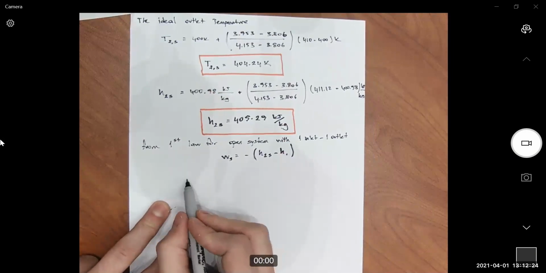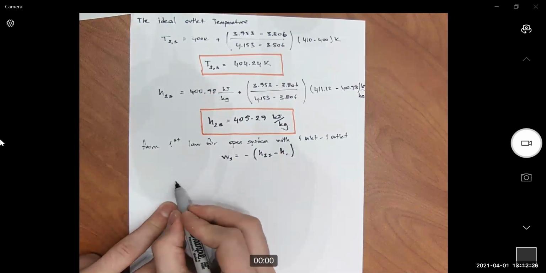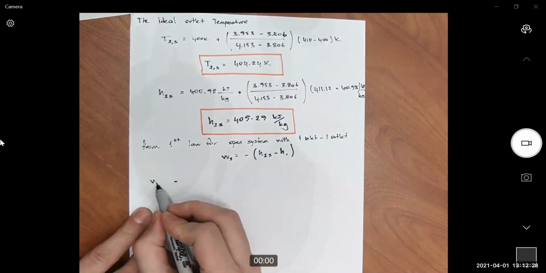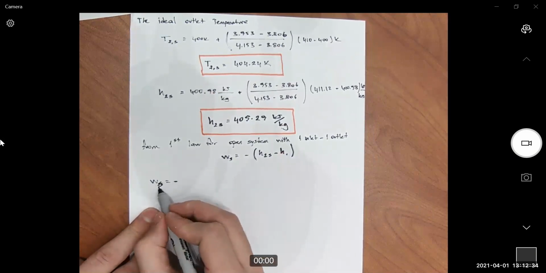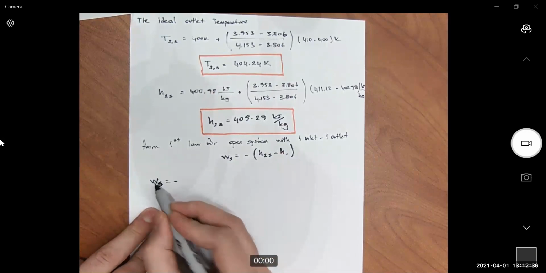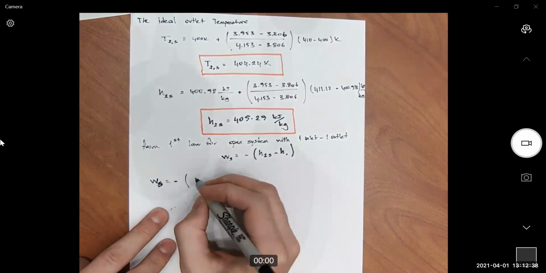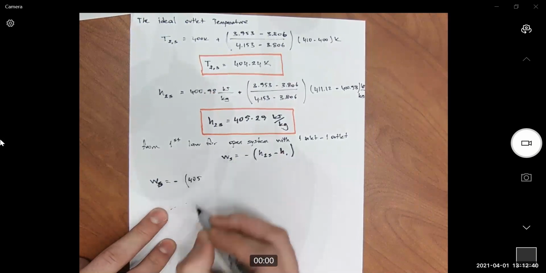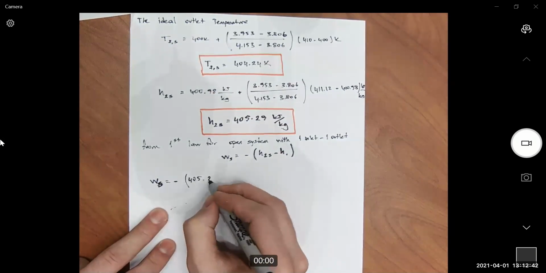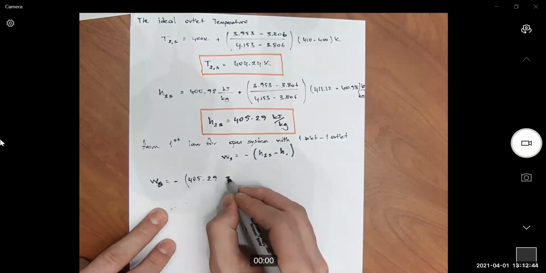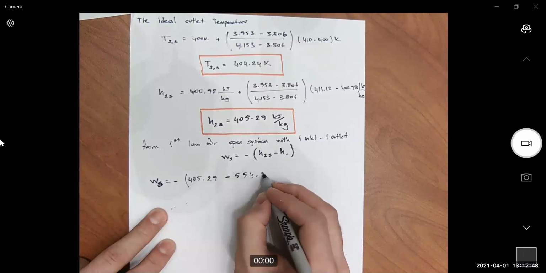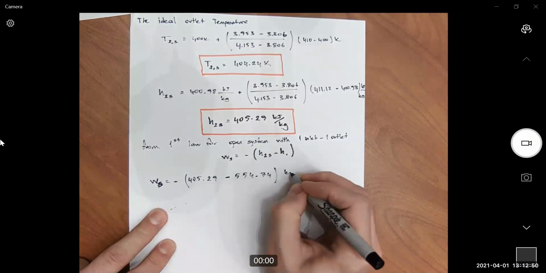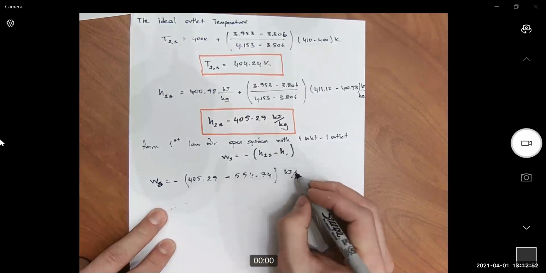So I know my work developed, the ideal work, is 554.74 minus 405.29 kilojoules per kilogram.